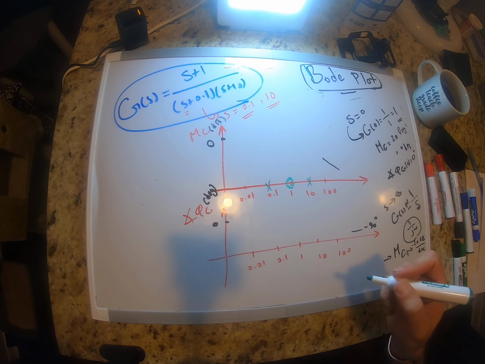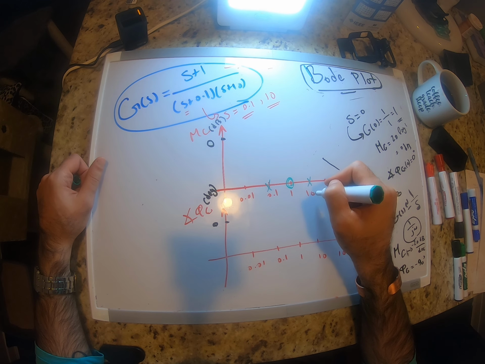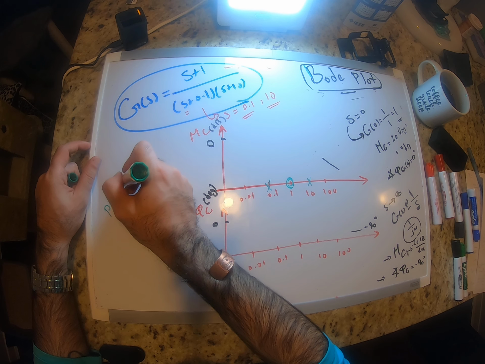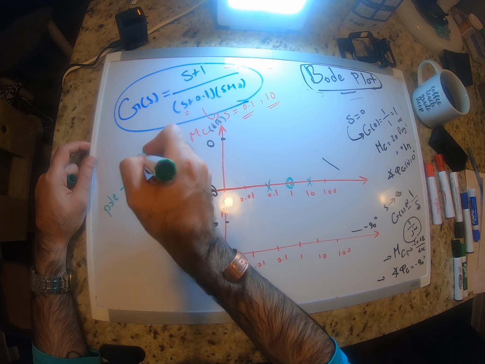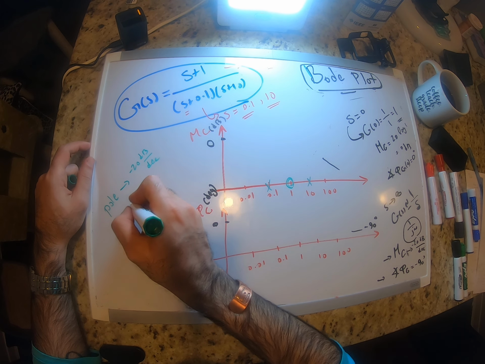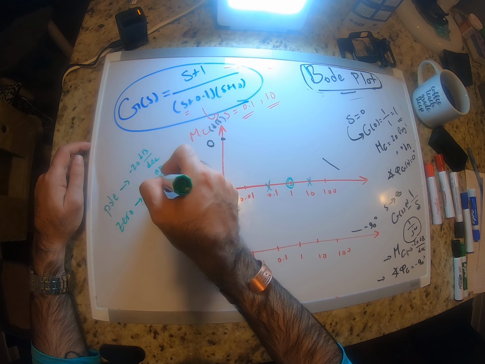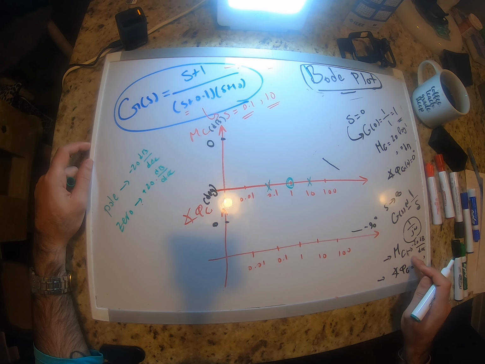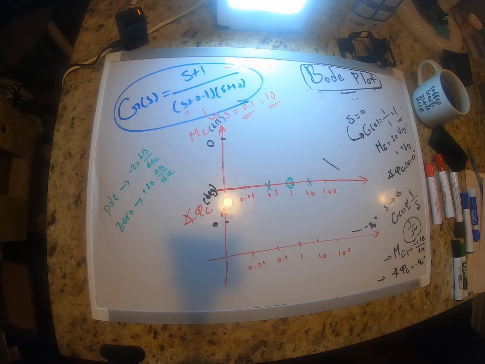Something to keep in mind is that each pole causes a negative 20 decibel per decade slope, and each zero causes a positive 20 dB per decade slope, right? That's why we knew that at s equal to infinity, this is what we should expect.